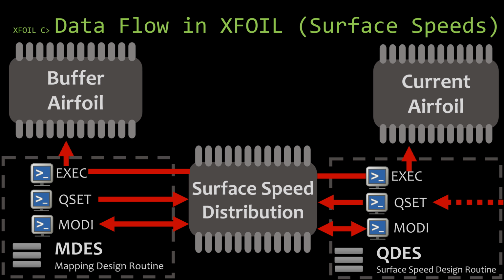But speaking of future videos, I think we're going to go ahead and stop this video here. In this video we started with a brief overview of what XFOIL is. Then we talked about some of the basic pieces that make up XFOIL.